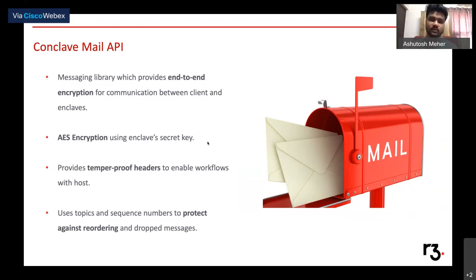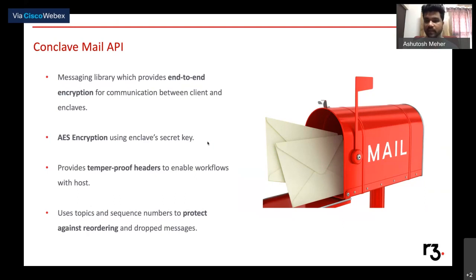This encryption is basically an AES encryption, which again uses the Enclave secret keys. So you know that when you get information from somewhere, it's actually the Enclave which has sent you the data. It's not someone else pretending to be an Enclave, because the remote attestation will also have the public key of your Enclave, which you can use to verify that the information that has been sent is actually signed by your Enclave, and you can verify that yes, it's the correct data.